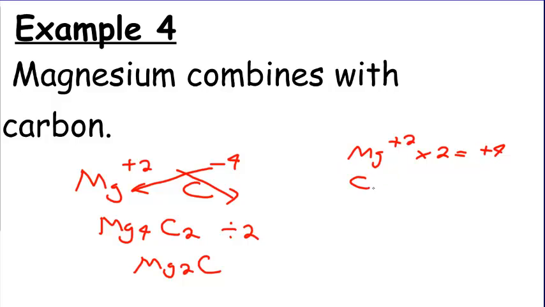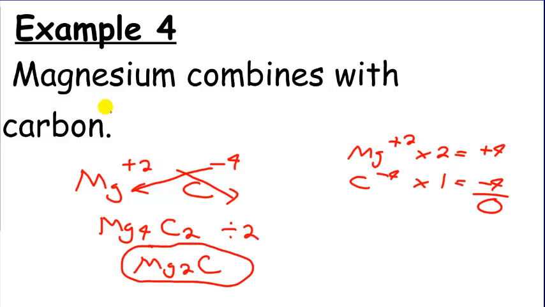And if we have 1 carbon with a negative 4 charge, the overall charge there is negative 4. So this is the actual correct formula for the compound that contains magnesium and carbon, called magnesium carbide, or one form of it anyways. So this is a case where we have to simplify. If we don't, it's like writing 2 times this. Okay, really. So there we go.